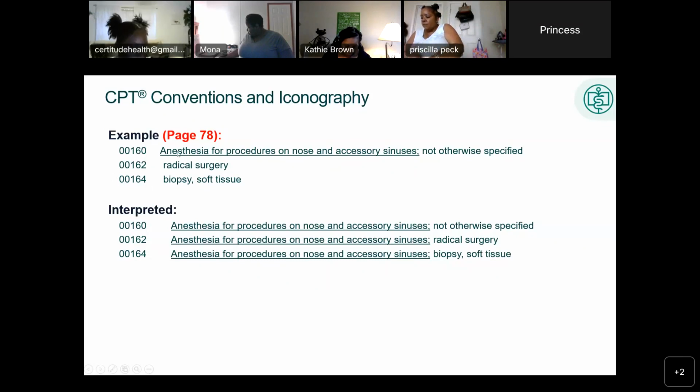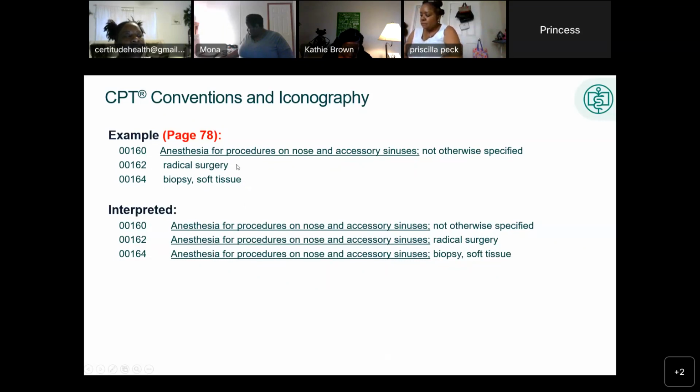So there's that indentation again, where 00162 is anesthesia for procedures on the nose and accessory sinuses for radical surgery, but 00164 is anesthesia for procedures on the nose and accessory sinuses with a biopsy of the soft tissue.